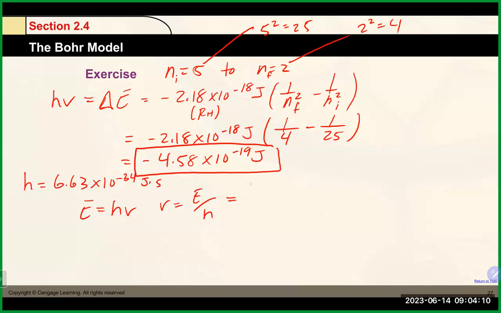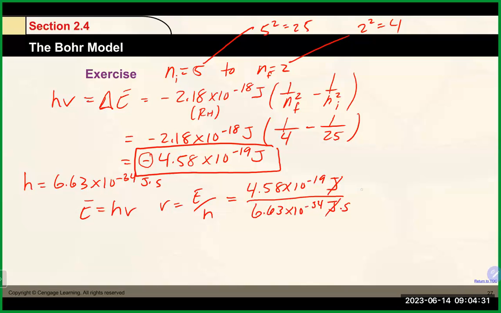And that would give us 4.58 times 10 to the minus 19 joules. Here I'm going to get rid of the negative so I don't end up with a negative frequency. We're going to divide it by our constant, 6.63 times 10 to the minus 34 joules times seconds. Here the joules will cancel.